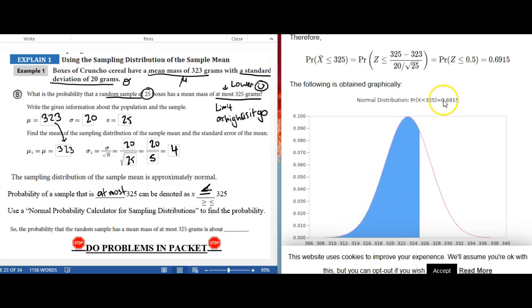And that probability is about 0.69, as you can see right here on our screen. So let's write that in on here. And that was about 0.6915. That's our probability. As you can see here, it says stop and do the problems in your packet. So go ahead and do that right now.